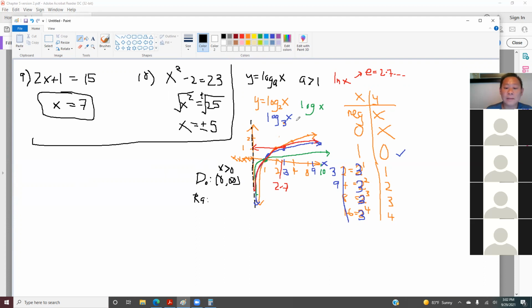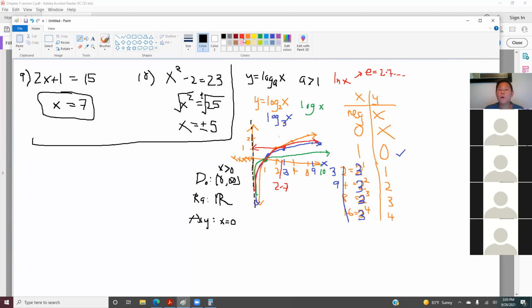You take your argument x and make it greater than 0. Your range, because this one goes to negative infinity and this one goes to positive infinity, in this case is all real numbers. The asymptote in this case is going to be x equals 0 because it is a vertical asymptote.